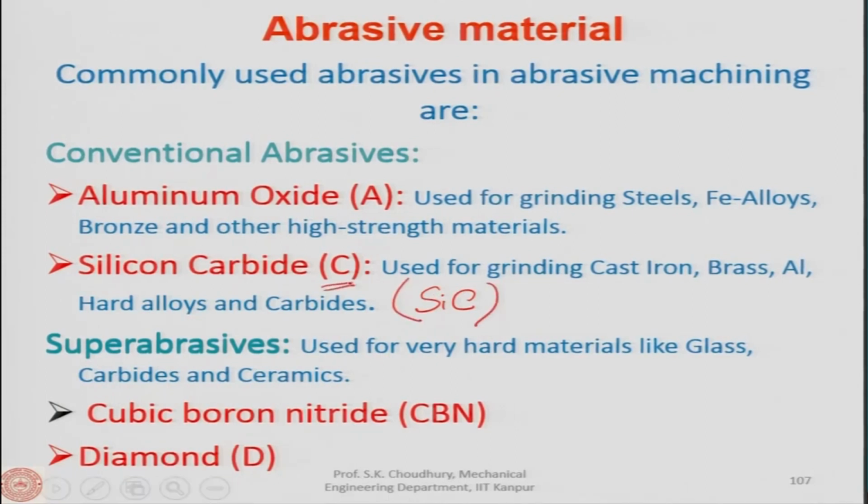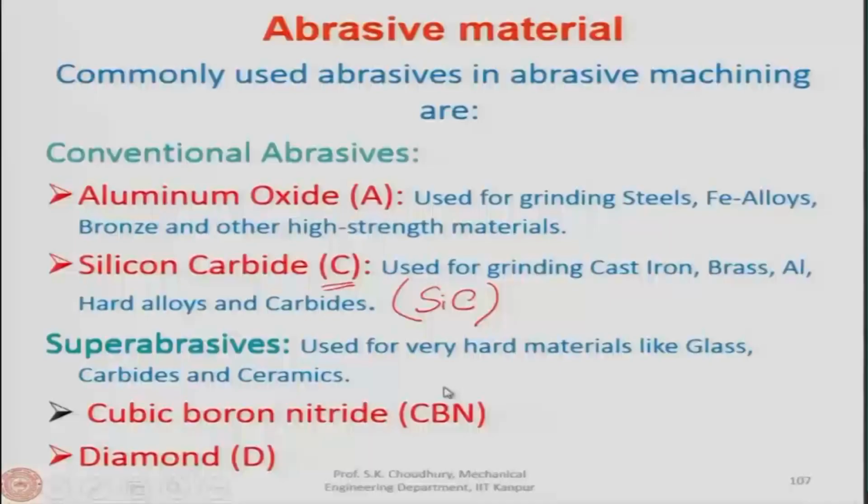And what is that designation I am coming to, that will actually specify the performance of the grinding wheel. Silicon carbide is used for grinding cast iron, brass, aluminum, hard alloys, and the carbides. You can see that silicon carbide is normally more expensive than the aluminum oxide, and it is used for grinding the hard materials, hard and brittle material.